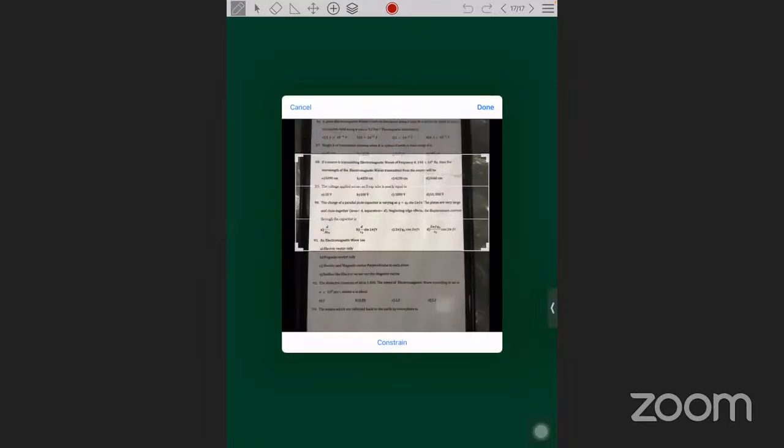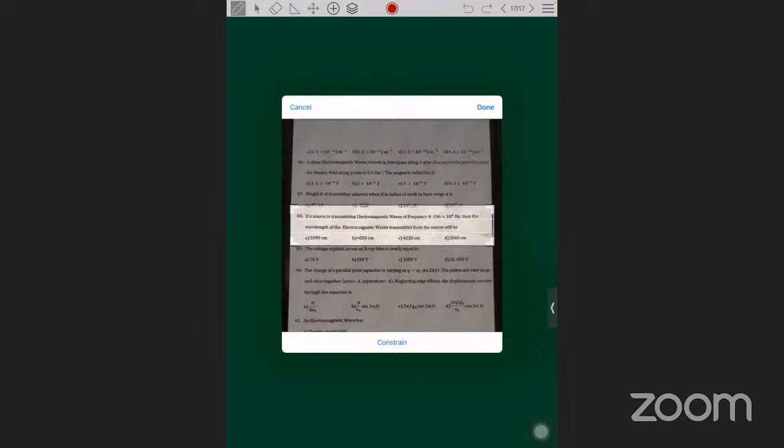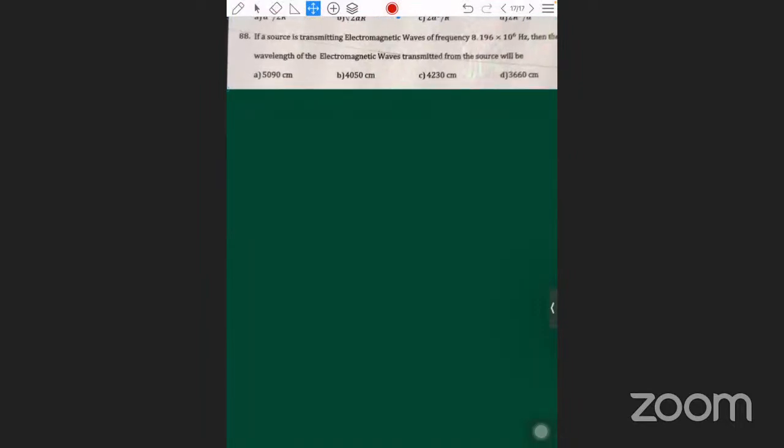Come to this. A source is transmitting an electromagnetic wave of frequency 8.196 into 10 power 6 hertz. Now they are expecting you to find the wavelength of the electromagnetic wave transmitted from the source.